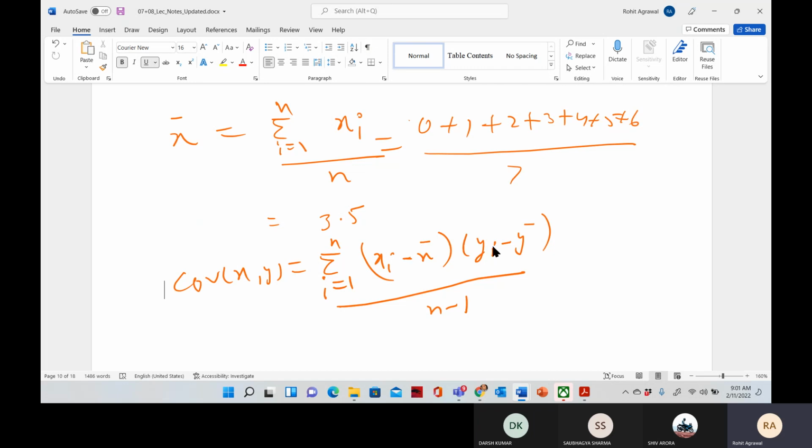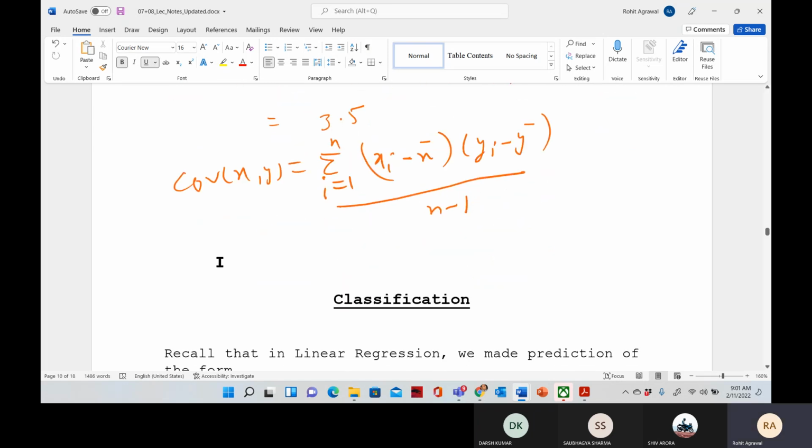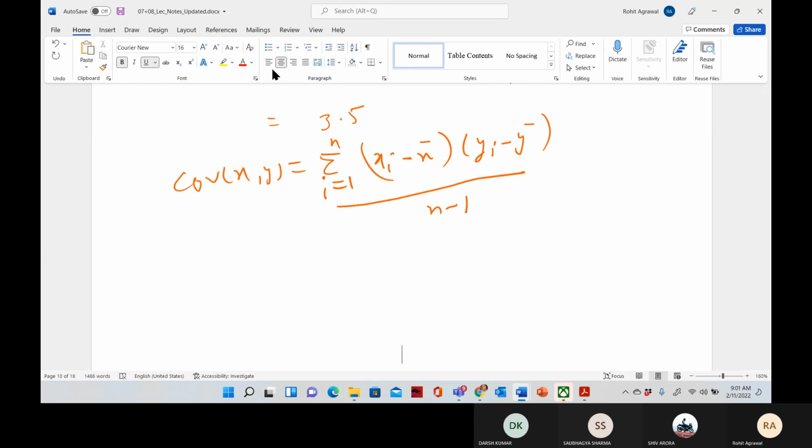X bar we have already calculated, y bar we need to calculate. So what will be the y bar? Y bar will be y1 plus y2 up to yn divided by n.